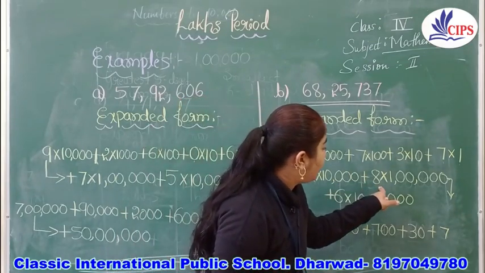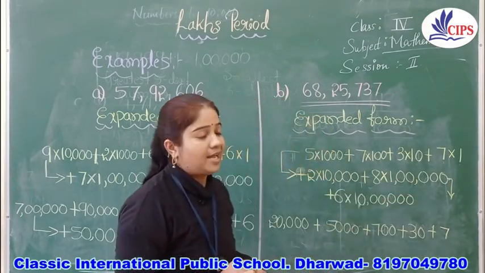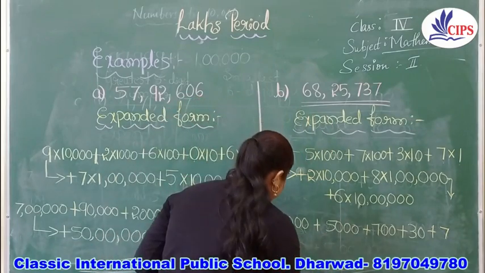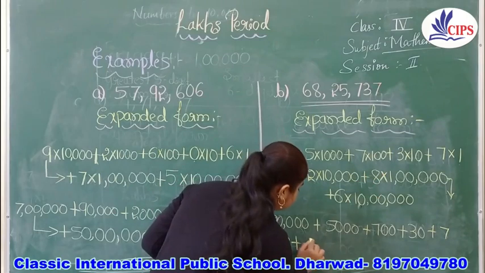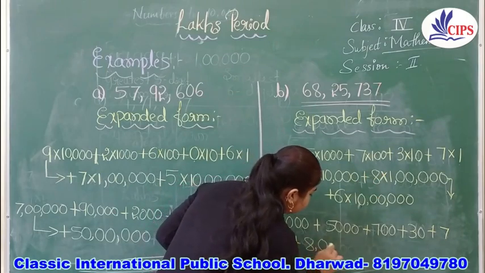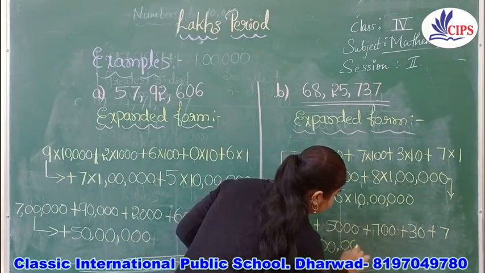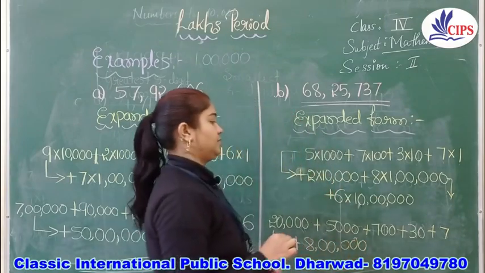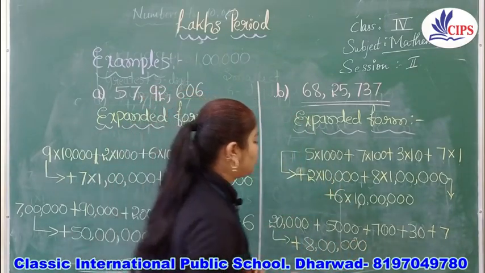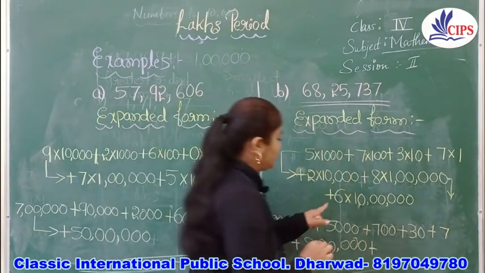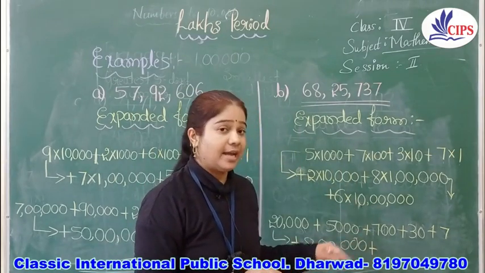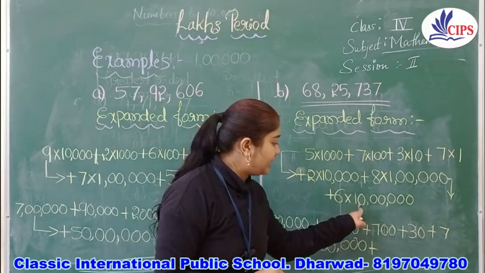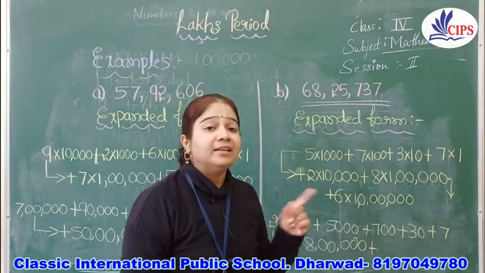Right. Next, 8 into 1 lakh. So what is it? We'll write here. It's 8 lakh. Next, last one. 6 into 10 lakh.